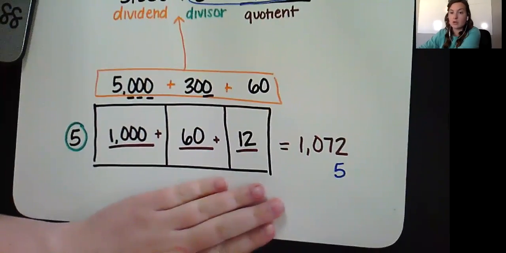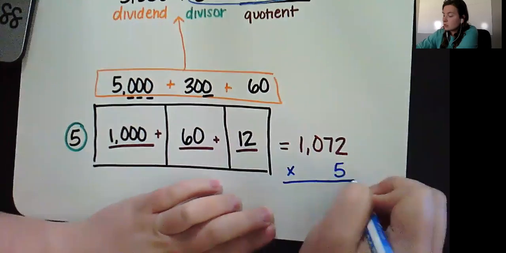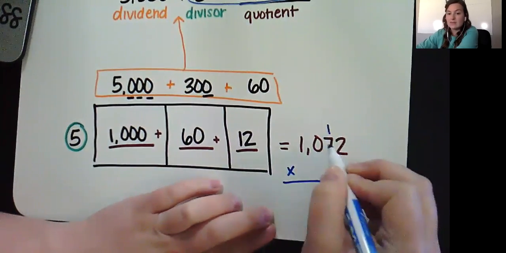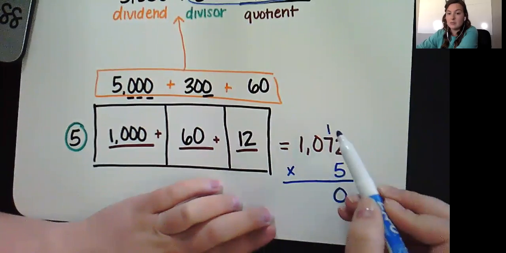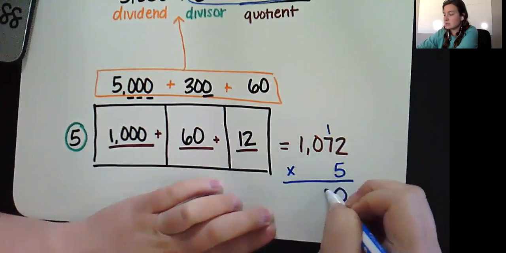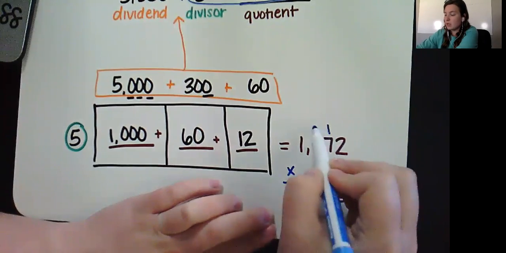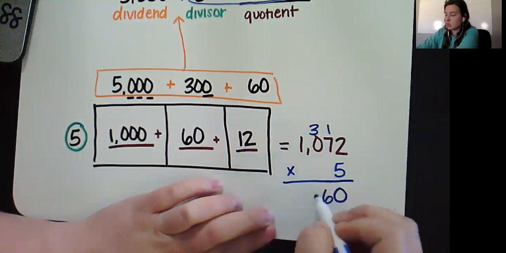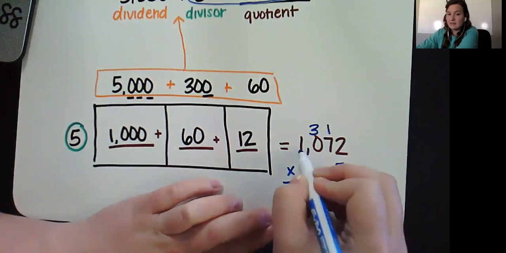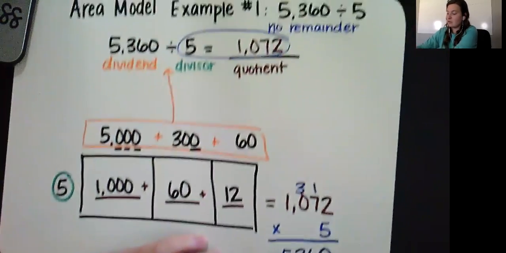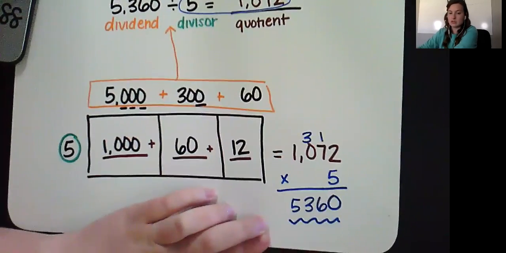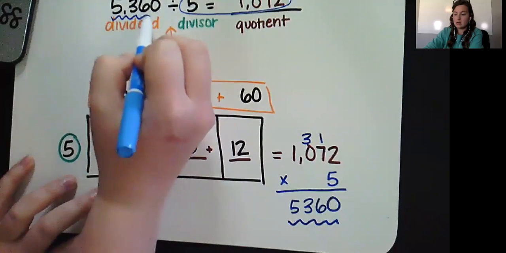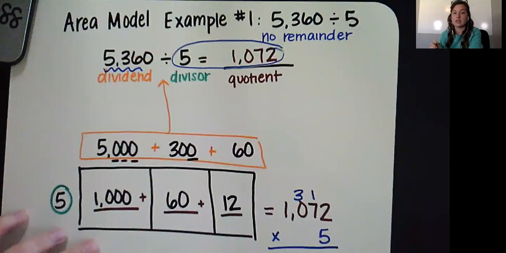Scoot that up a little bit for you guys. 5 times 2 is 10. 5 times 7 is 35, plus 1 would be 36. 6 goes down, 3 goes up and over. 5 times 0 is 0, plus 3 is 3. And 5 times 1 is 5. Do they match? That should match our dividend. And it does. Perfect.